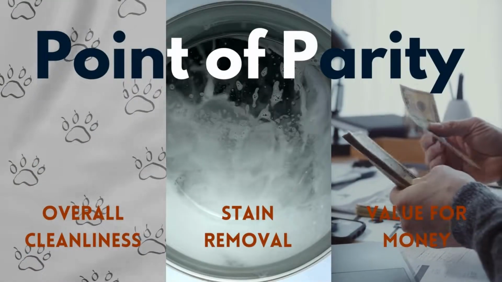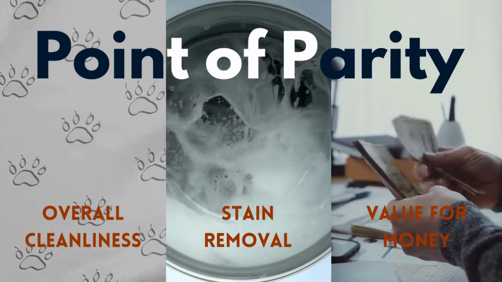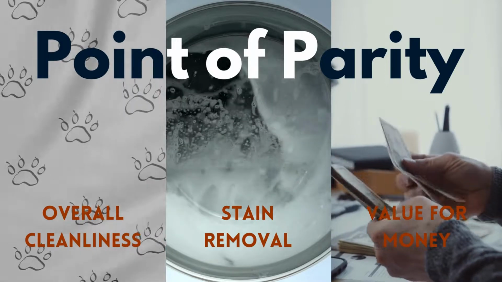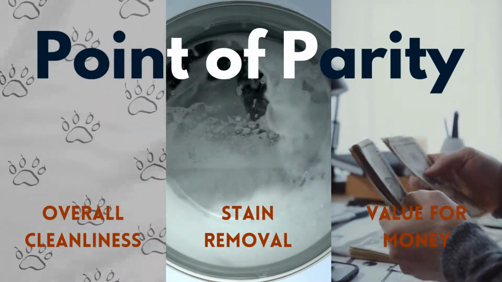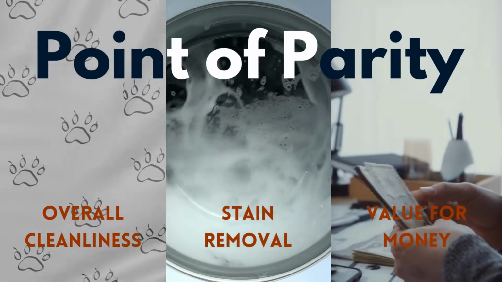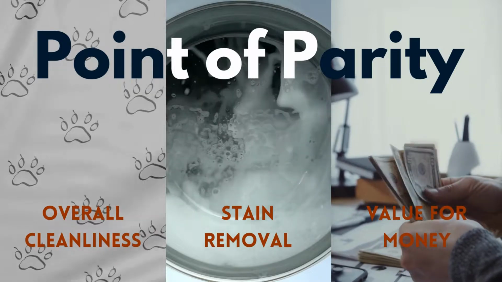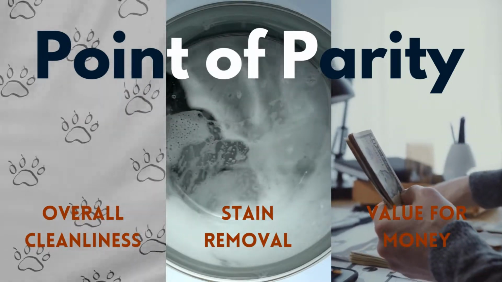Next we are going to talk about the point of parity of Rin and Tide. As every person wants to clean their clothes, it becomes an essential good for the person. Next, the person wants to choose a product between various brands. Rin and Tide are the most popular brands among all.